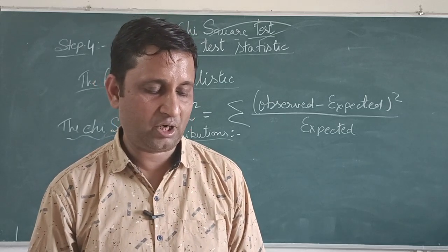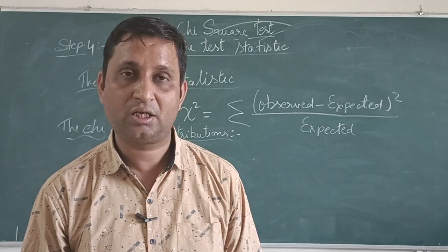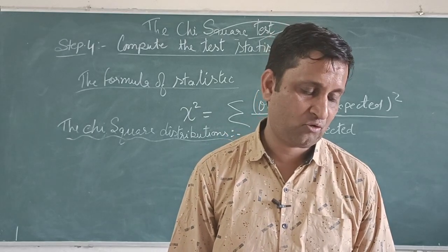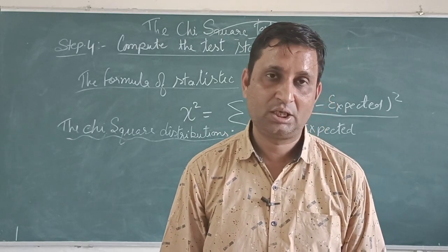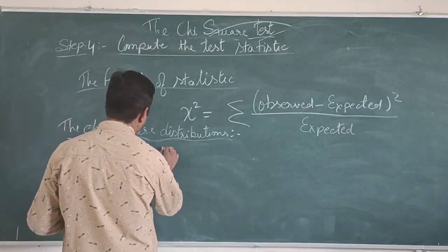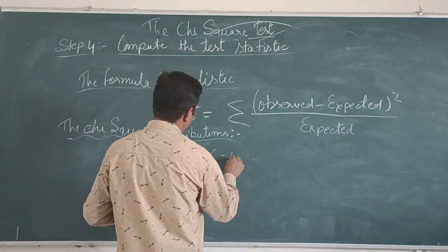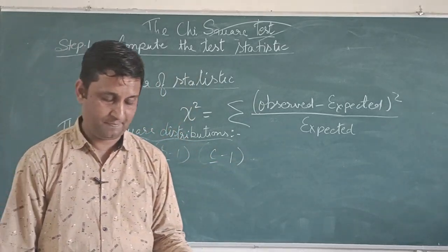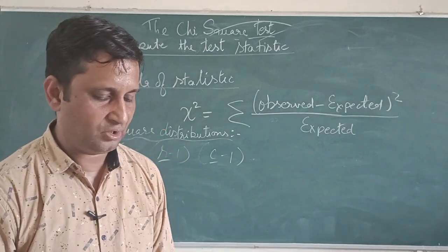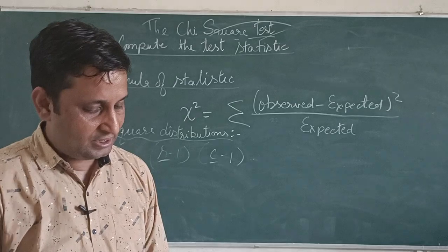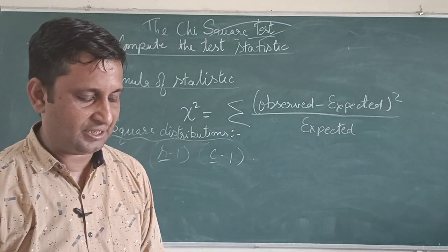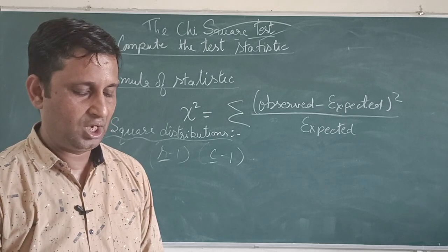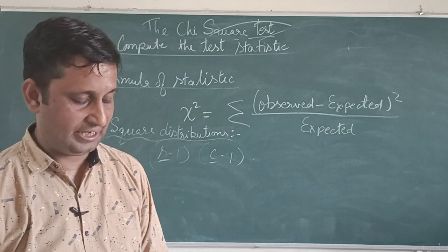The chi-square test for a two-way table with R rows and C columns uses critical values for the chi-square distributions with R minus 1 times C minus 1 degrees of freedom. Here R is for row and C is for column. The P value is the area under the density curve of these chi-square distributions to the right of the value of the test statistic.